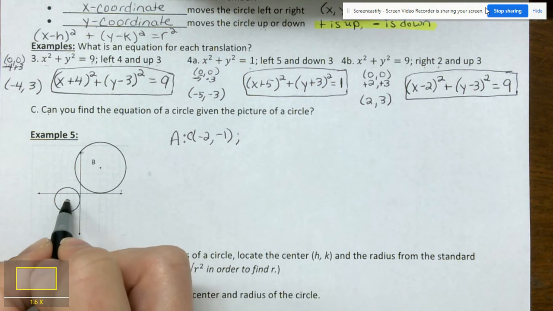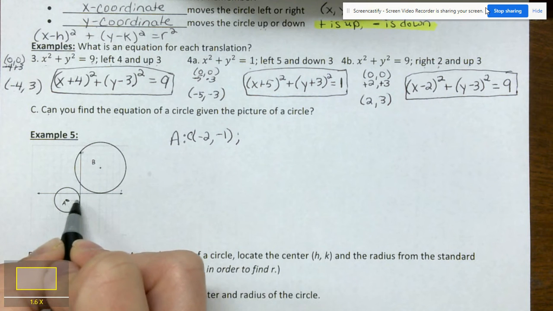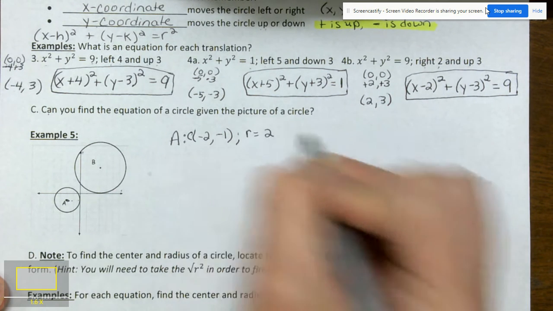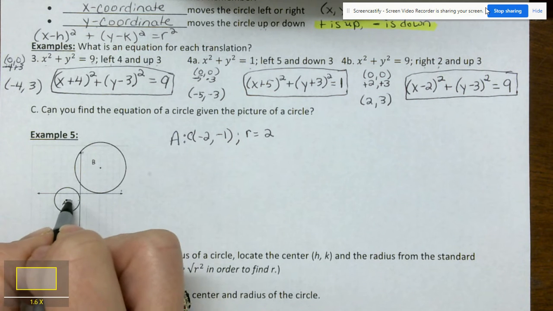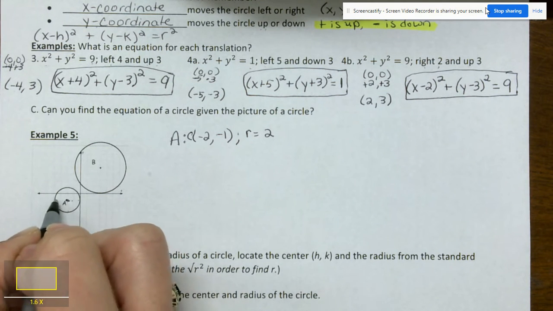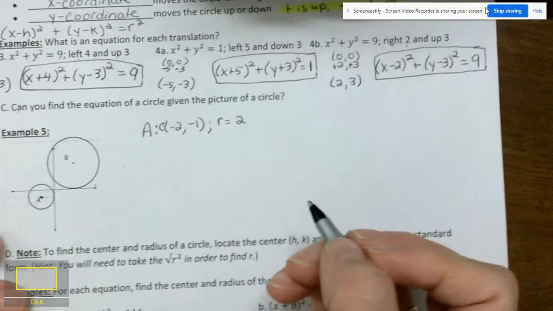Now, notice this is the center. So how far is it if each block represents 1 unit, then how far is the radius? Well, it is 1, 2. So my radius is 2 units. And you go 2 units that way, or you can go 2 units up, 2 units down, or 2 units to the left. So it's 2 all the way around. That's your radius.